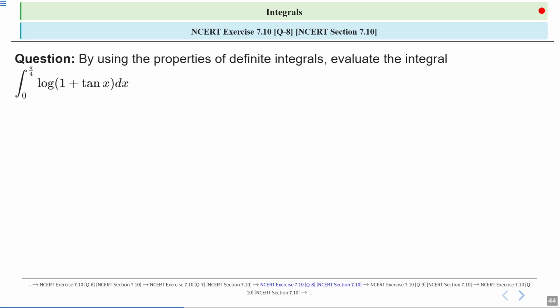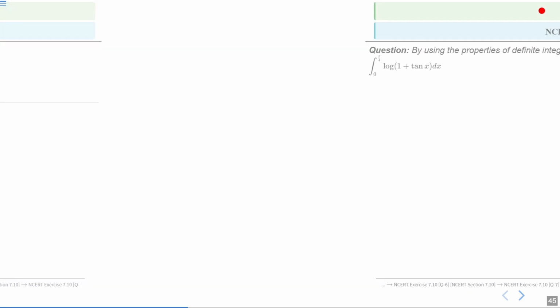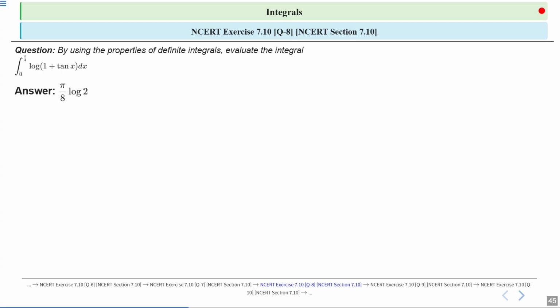So just try. So the answer is π/8 log 2.